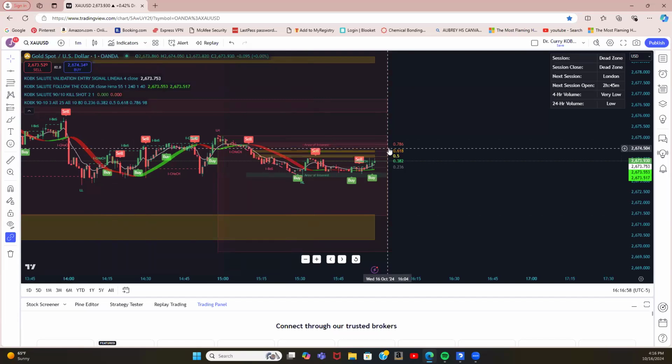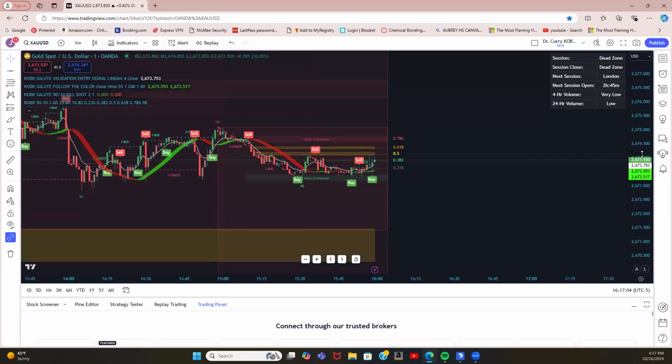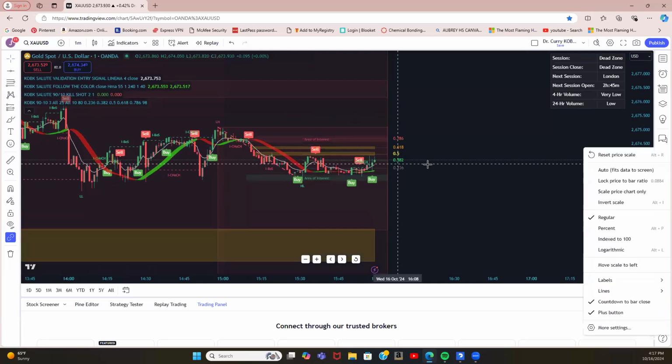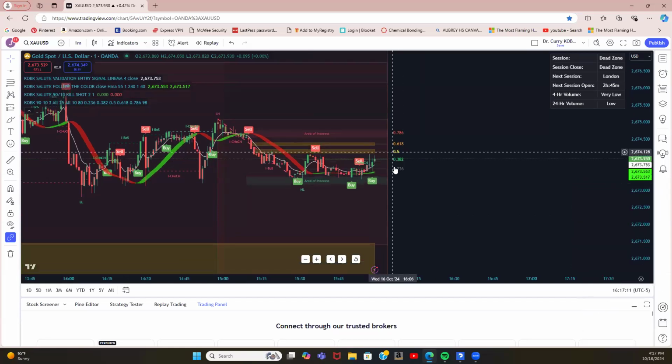Zone to zone, small lot sizes. Or if you're just going for the next validation line, or a liquidity box, larger lot size, smaller movements. 10 pips with a standard.